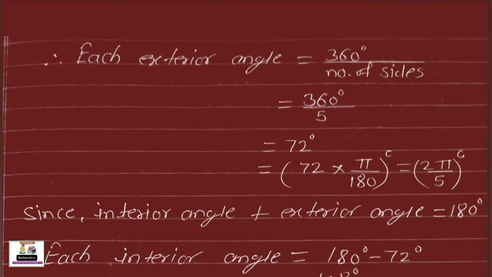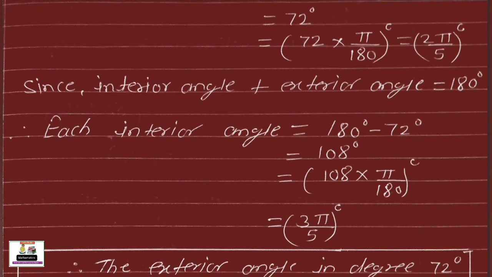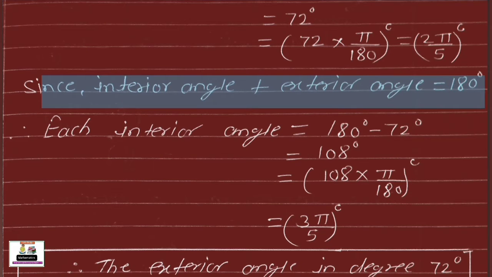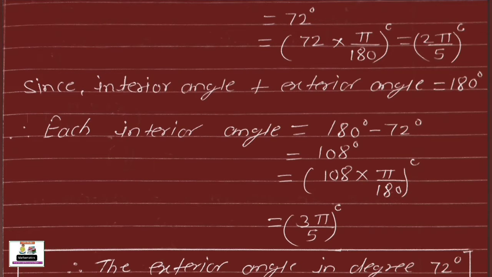Again, find the interior angle. We know the formula: interior angle plus exterior angle is equal to 180 degrees. Then each interior angle is 180 minus 72 degrees. This is the exterior angle, put this value in the formula. Then we get 108 degrees. Again this is in degrees, convert into radians.